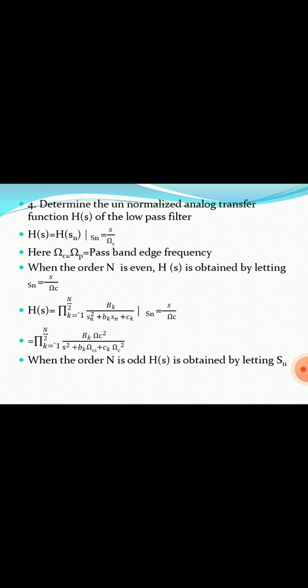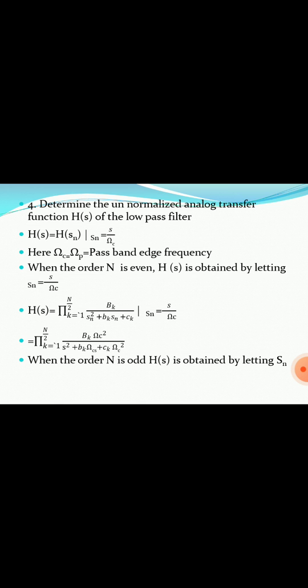Next, we have to determine the unnormalized analog transfer function H of S. In the previous step, we calculated the normalized analog transfer function. Now we are going to calculate the unnormalized analog transfer function. Here we have some formulas: H of S equals H of s n, where we substitute s n by S by Omega c.